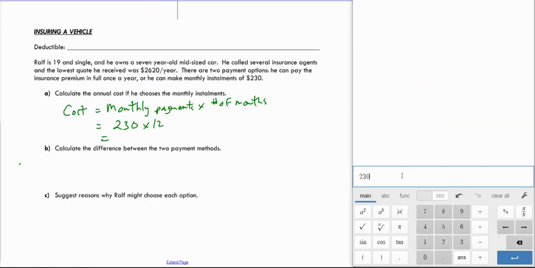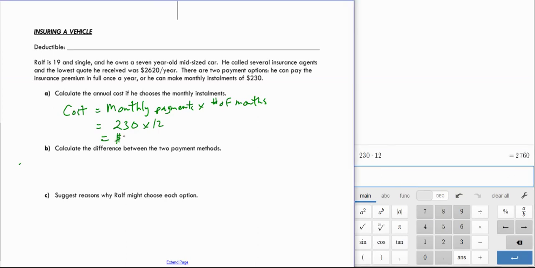Okay, so the cost will be the monthly payments times the number of months. So we have 230 times 12, which will be $2,760.